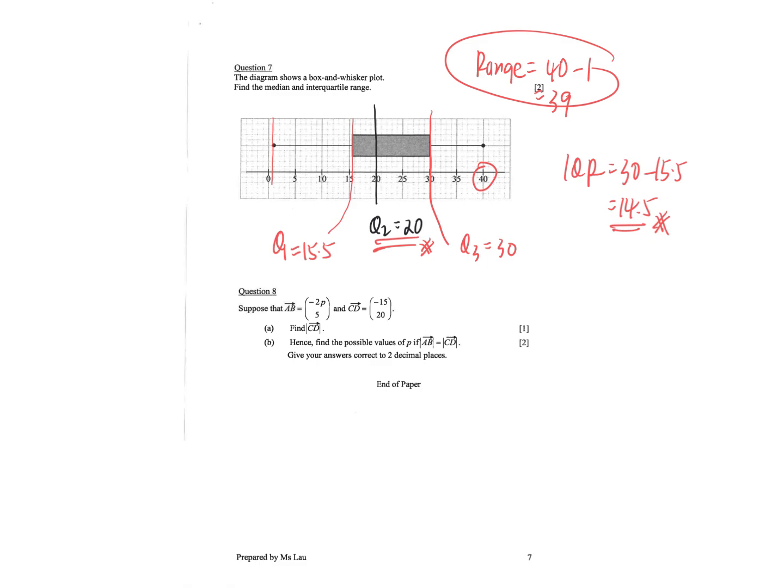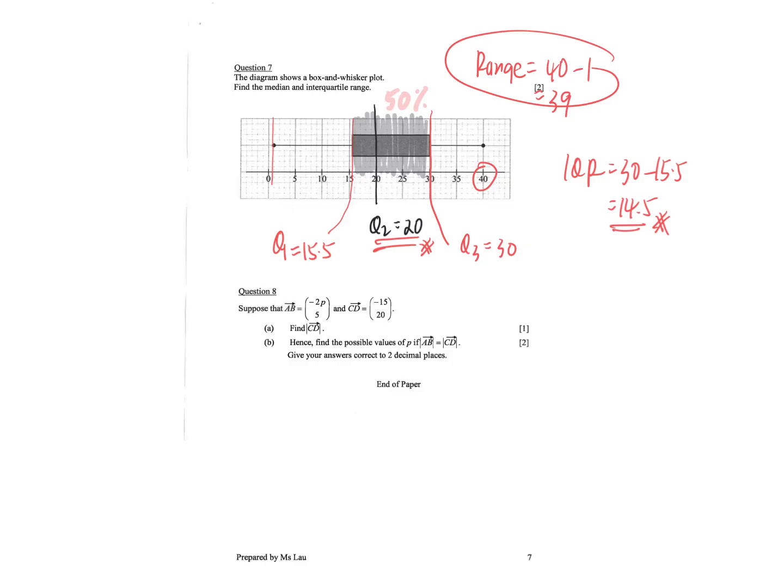If I ask what is the probability that I get a score between 15.5 and 30? That's 50%, because this is my middle 50%.